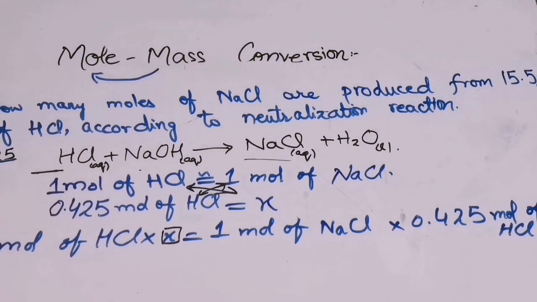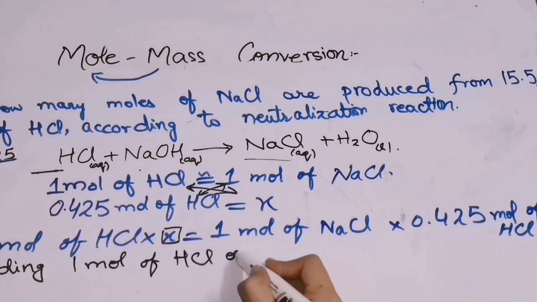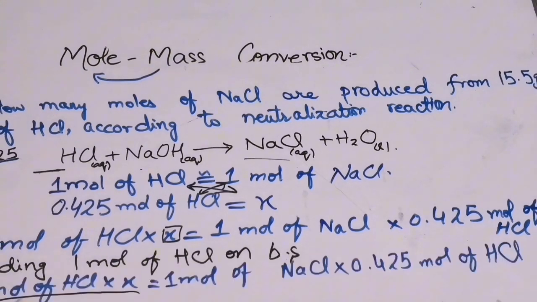So we will write in a statement, dividing both sides by 1 mole of HCl, right? Now they both will cancel each other and we will divide it over here as well.